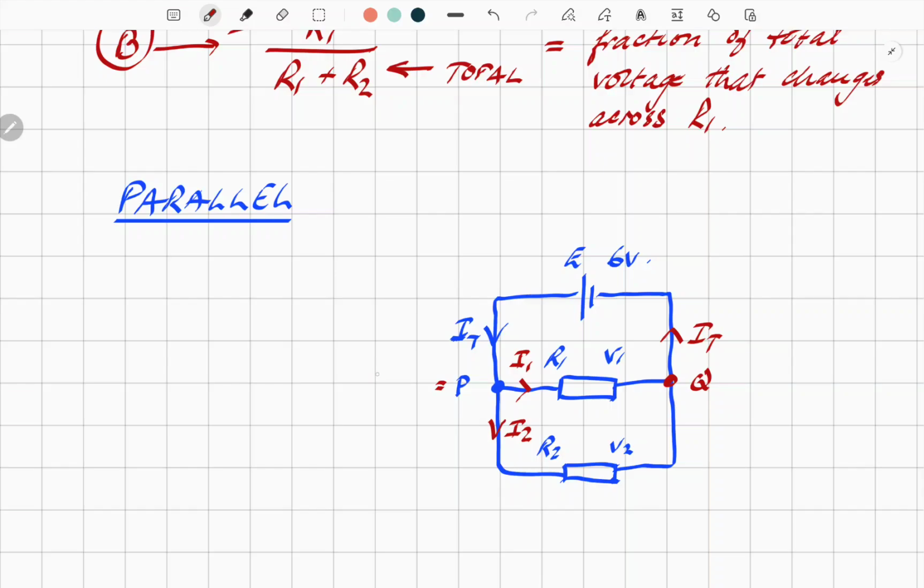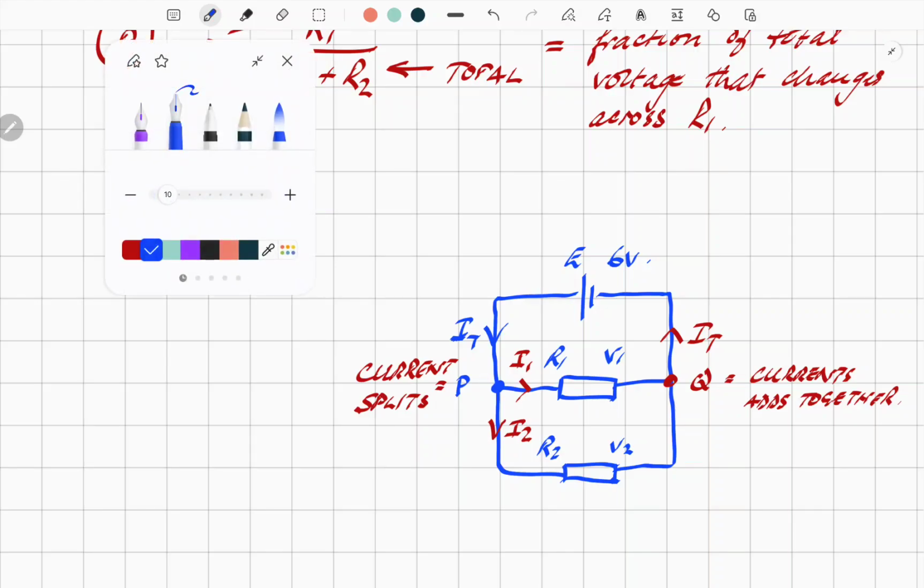So at P, current splits, and at Q, current adds together again, for want of a better term.